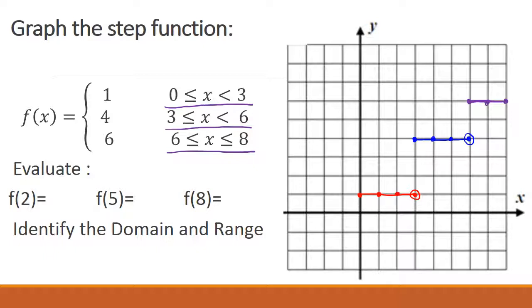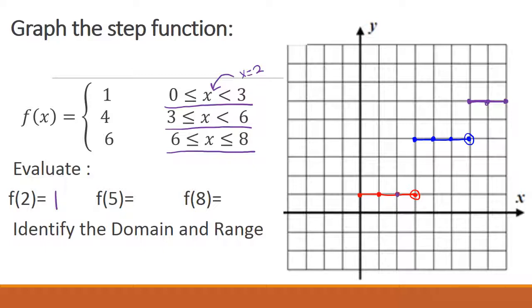Now, let's evaluate. We have f of 2. That means x equals 2. If you look at the graph, x equals 2 is in the first piece, and it has a y value of 1. And if you look at the function, x equals 2 belongs to the first piece of the function, which has an f of x value, or a y value, of 1.